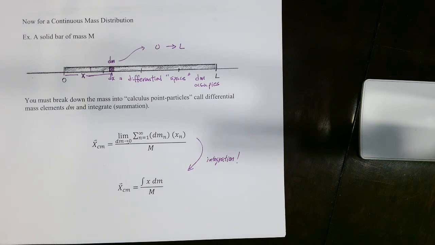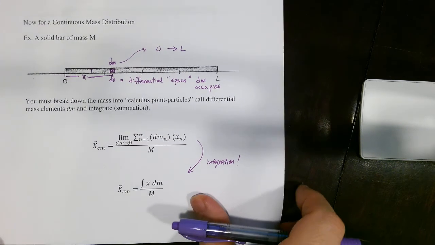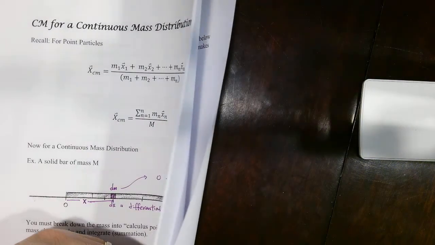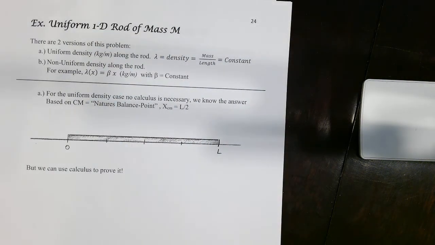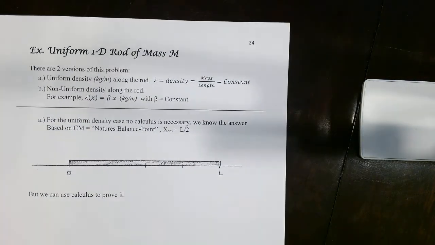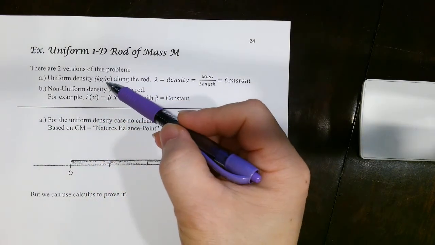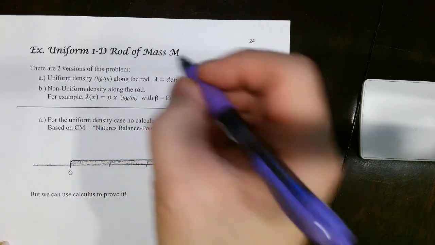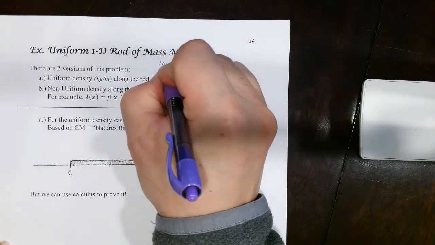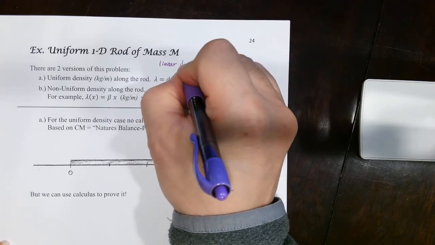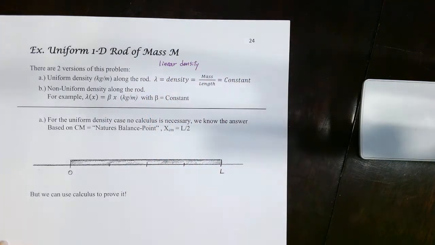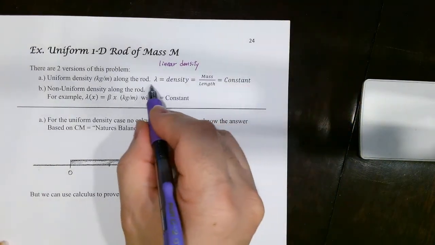So let's see if we can apply this. All right. There are two versions of this problem. A, uniform density, kilograms per meter. So this is linear density. I think we talked about linear density being lambda.